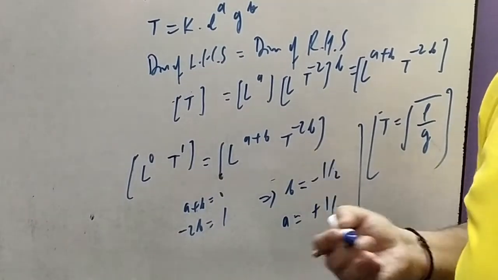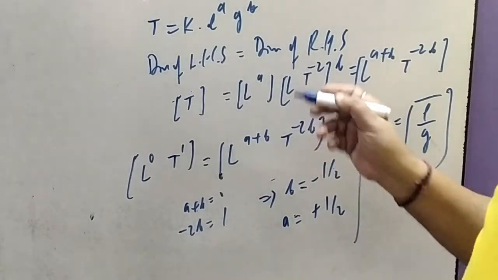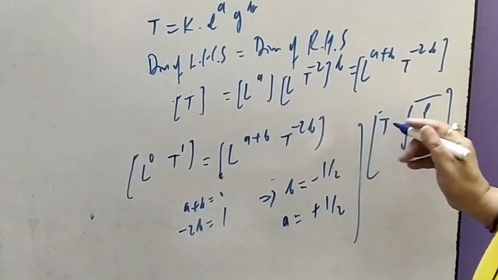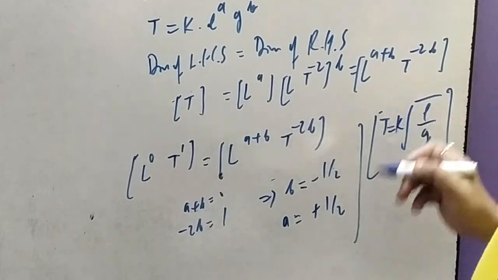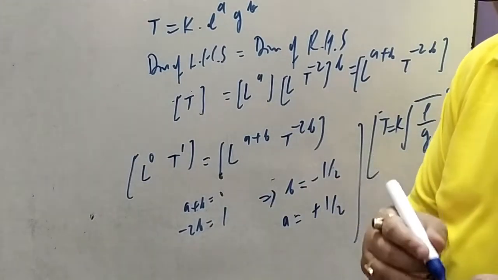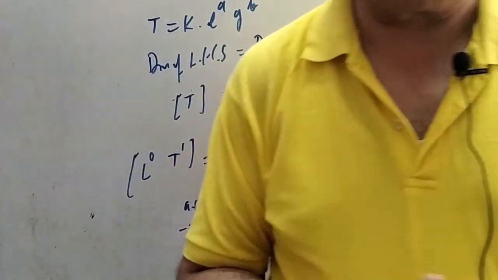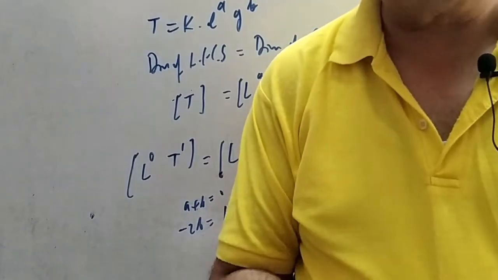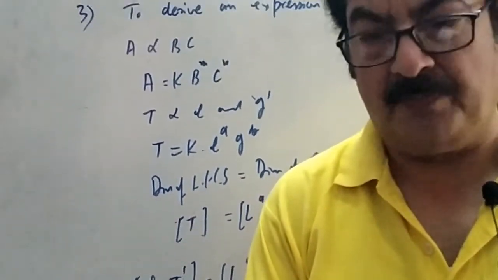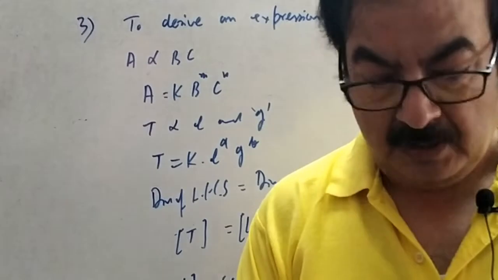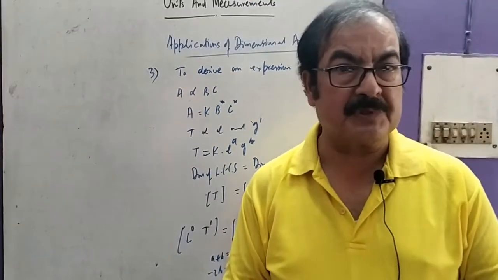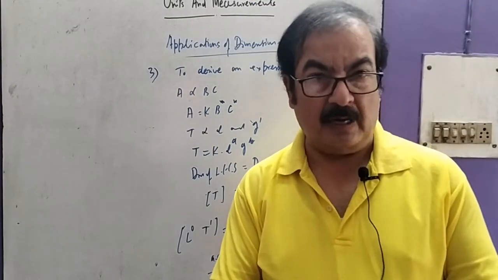Maybe this equation is not absolutely correct because we have to have some constant. That constant of proportionality must also be there, but it cannot be determined. This is how we get different types of formulation, or we generate different formulas, by means of this dimension process. We have seen three applications.